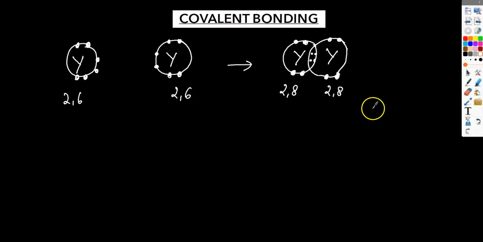Now you see double covalent bond formation over here. A double covalent bond is formed out of these shared pairs.